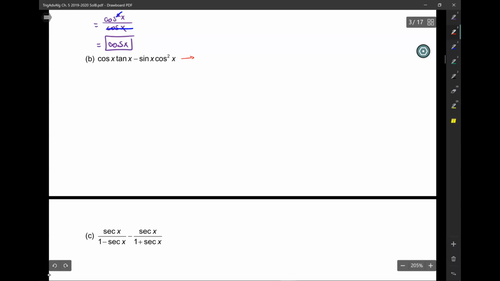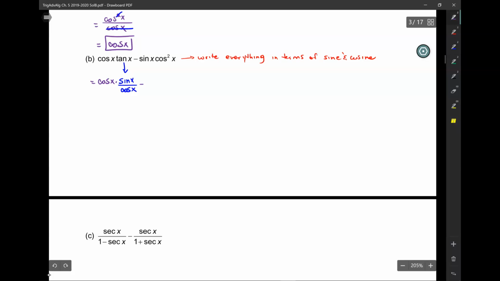So write everything in terms of sine and cosine. Okay, so this is going to equal cosine of x just stays as is, but tangent of x becomes sine of x over cosine of x.